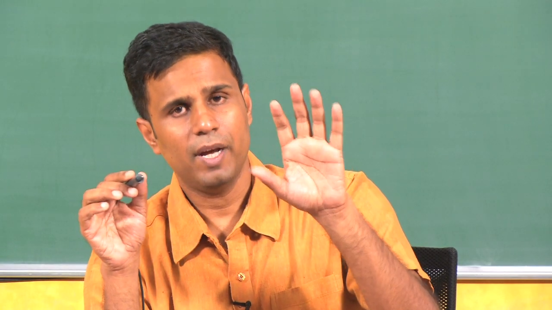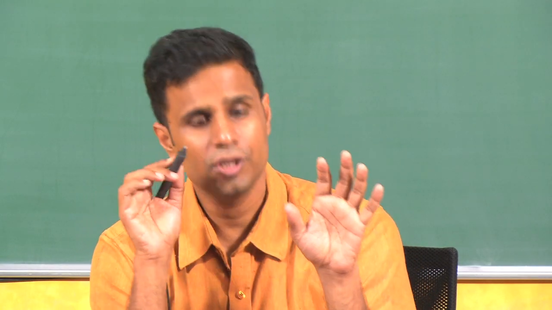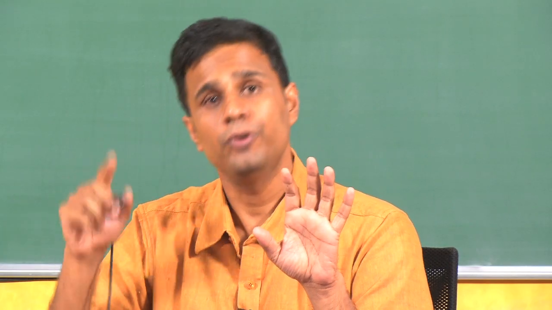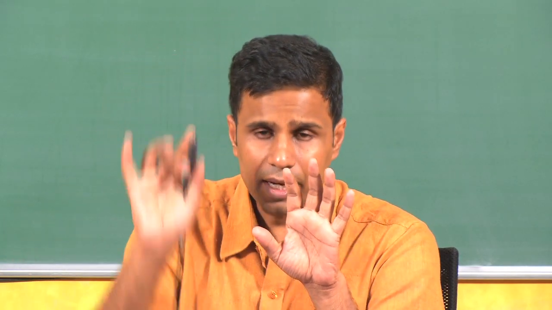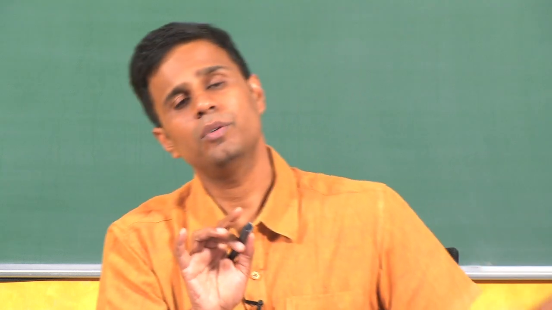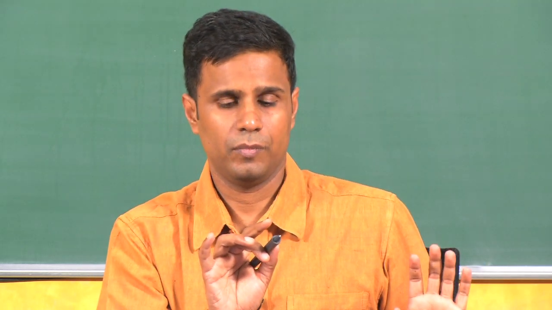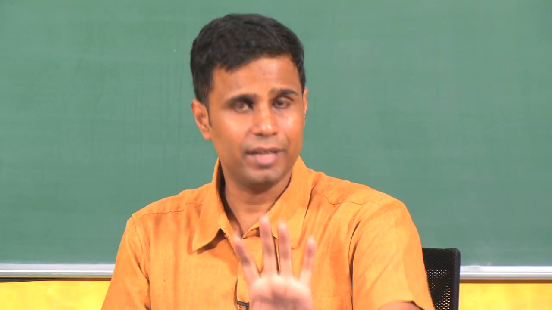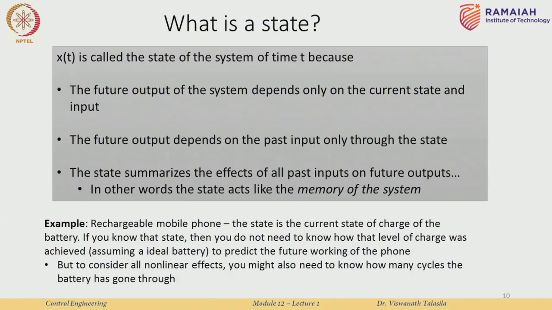So, you have a system, I have modeled it by the so-called states of the system, and the future output of the system depends entirely on the current state and whatever input I give in the future, okay. I do not need to worry about what happened in the past, I only need to worry about the current state.